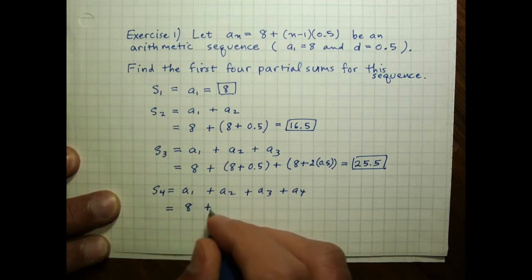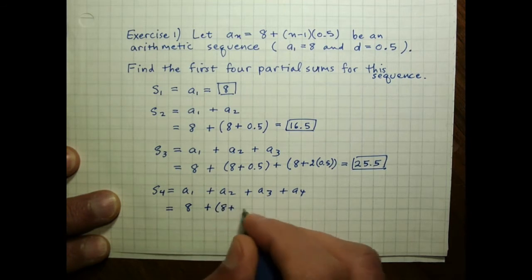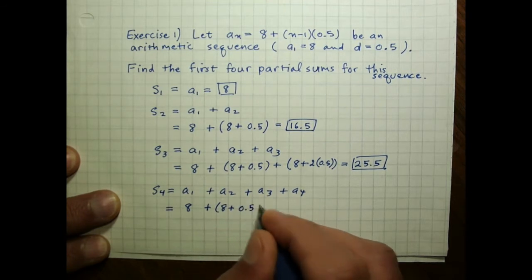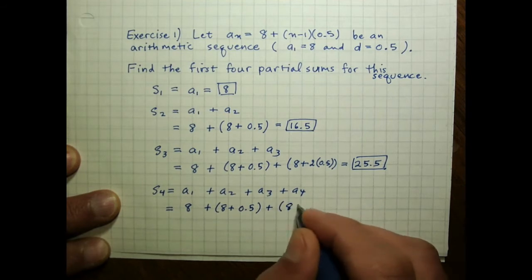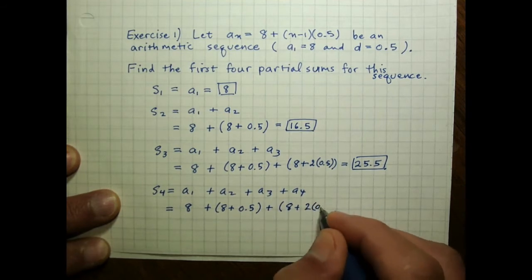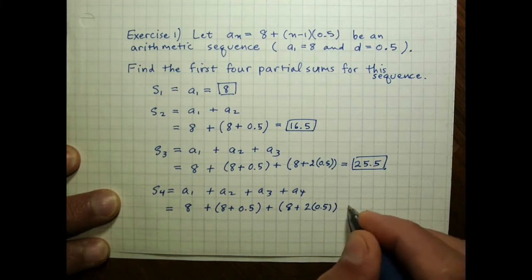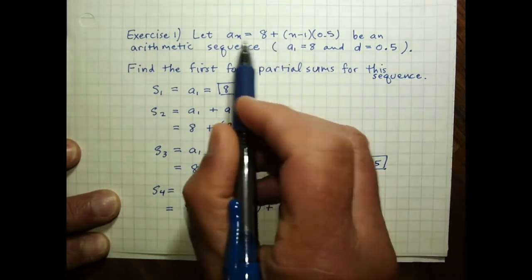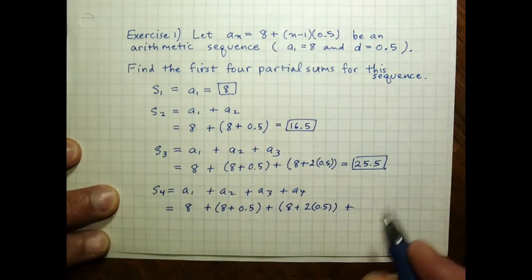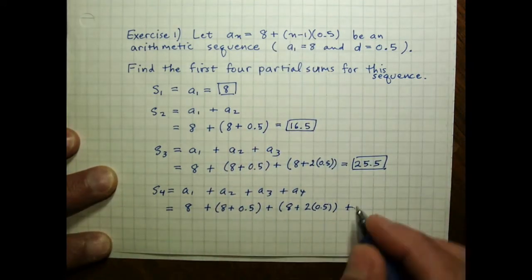A1 was 8. A2 is 8 plus just 1 copy of 0.5. A3 was 8 plus 2 copies of 0.5. And now I'm going to put my A4 term, which I can get from the formula, but I can also just see the pattern here.